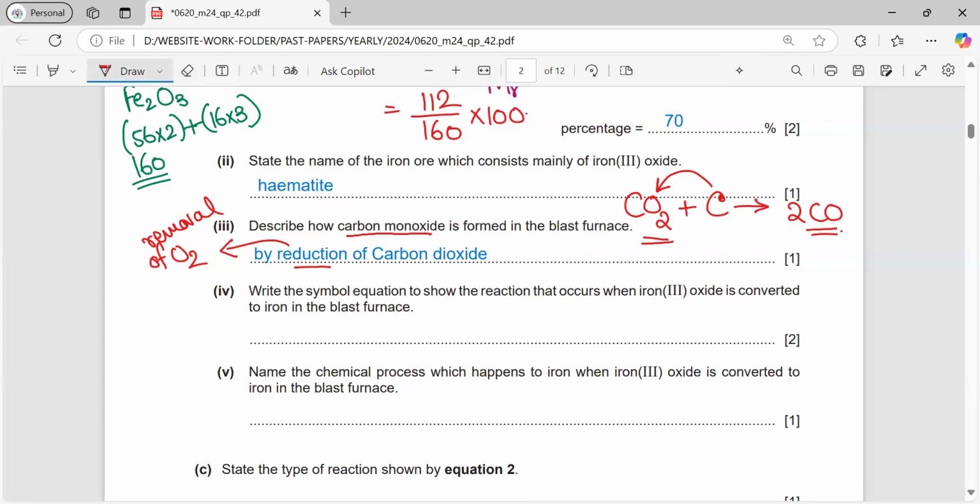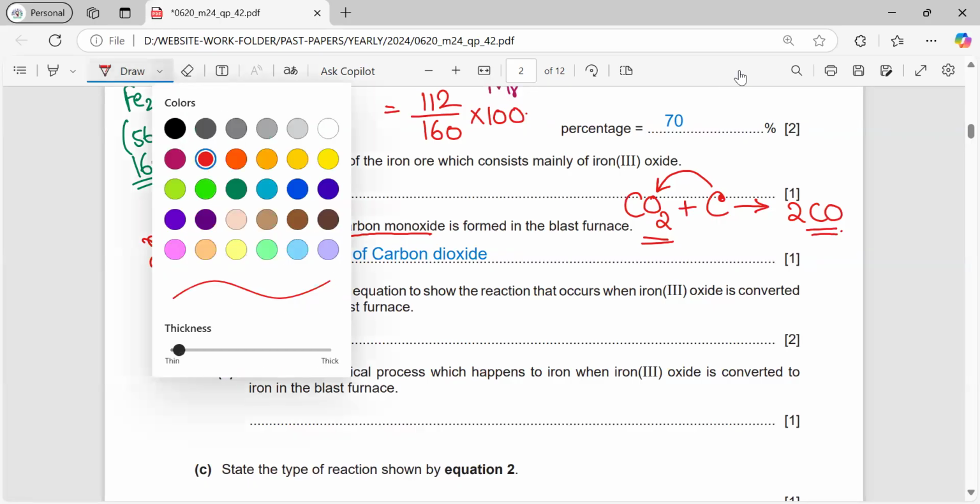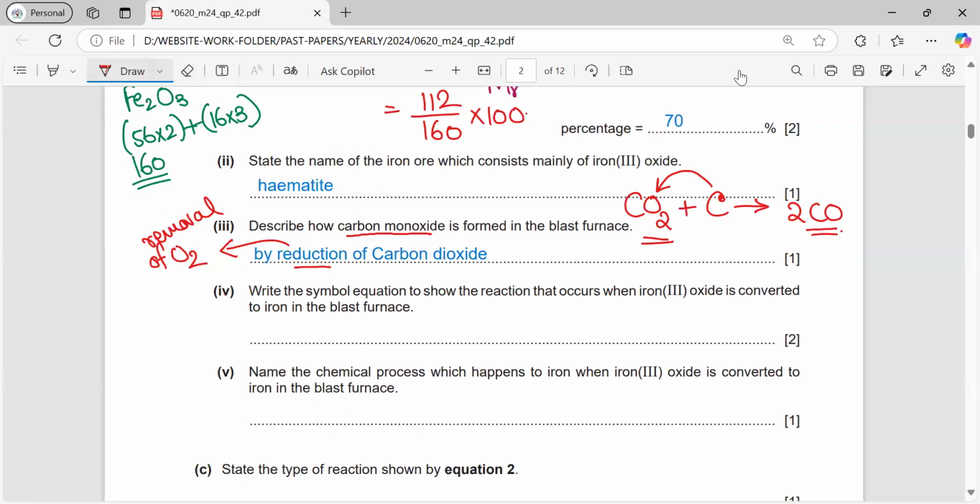So this carbon monoxide, which is produced here by the reduction of carbon dioxide, acts as a reducing agent and it reduces iron 3 oxide. So we have Fe2O3.